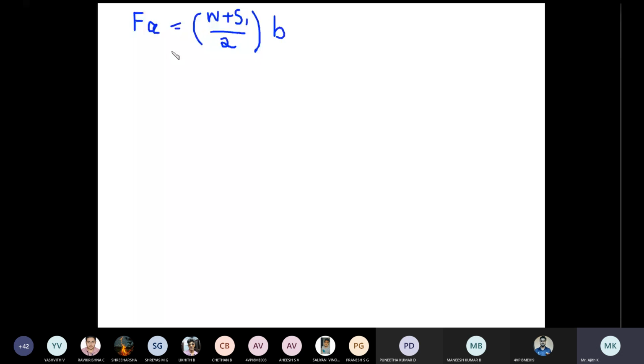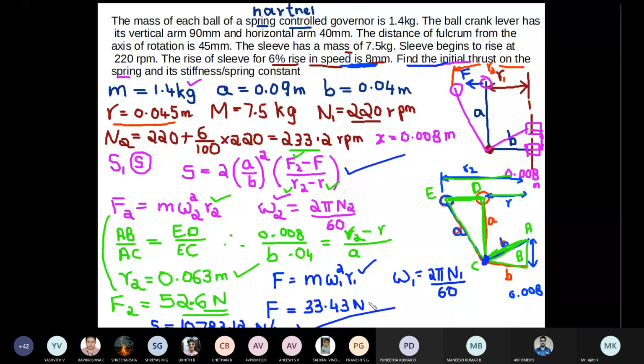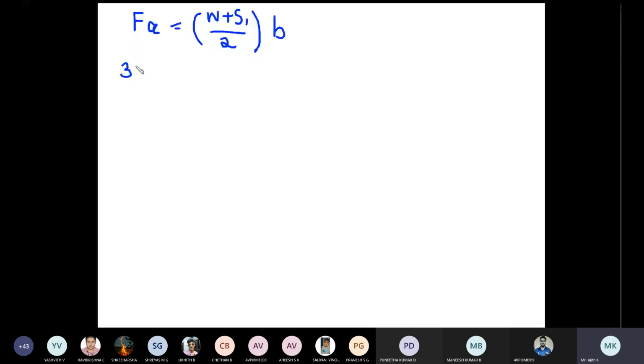From the previous calculation, I'm having value of F, 33.43, into value of A is 0.09, is equal to W is weight of sleeve. Weight of sleeve is 7.5 kg.